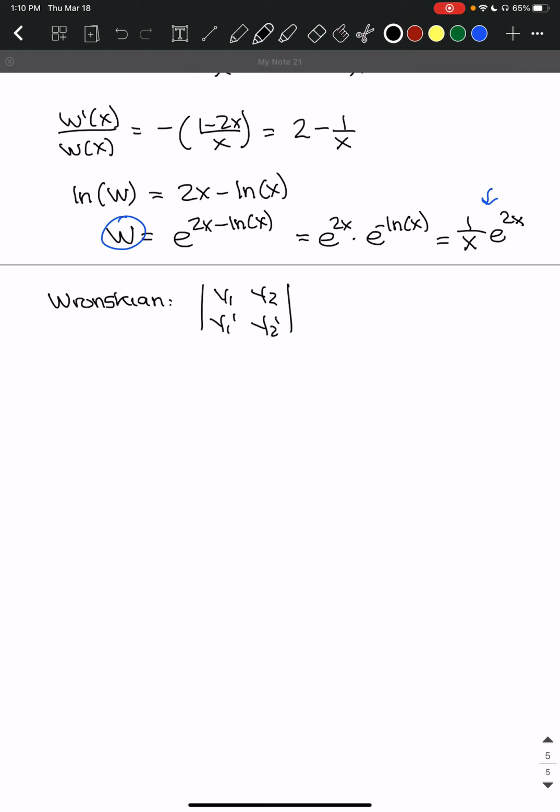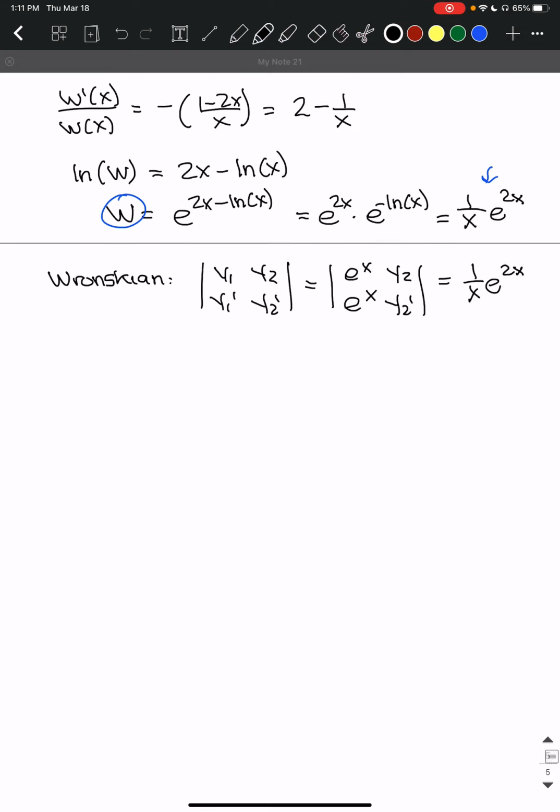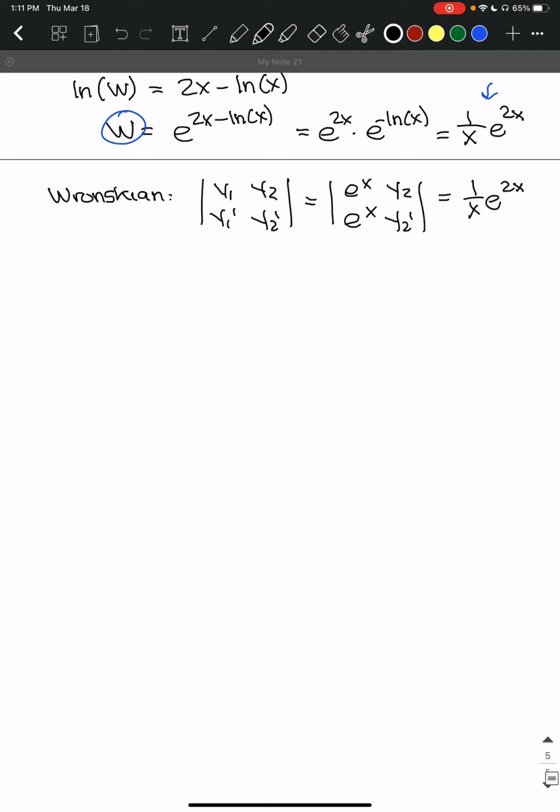I'm solving for y2, but I know what y1 is, right? I have e to the x here. I can differentiate e to the x to get e to the x by itself. I have y2 and y2 prime. And that, by definition, has to equal 1 over x e to the 2x, right? We just proved that one line above. So if I actually do that determinant on the left-hand side, I get e to the x times y2 prime minus y2.